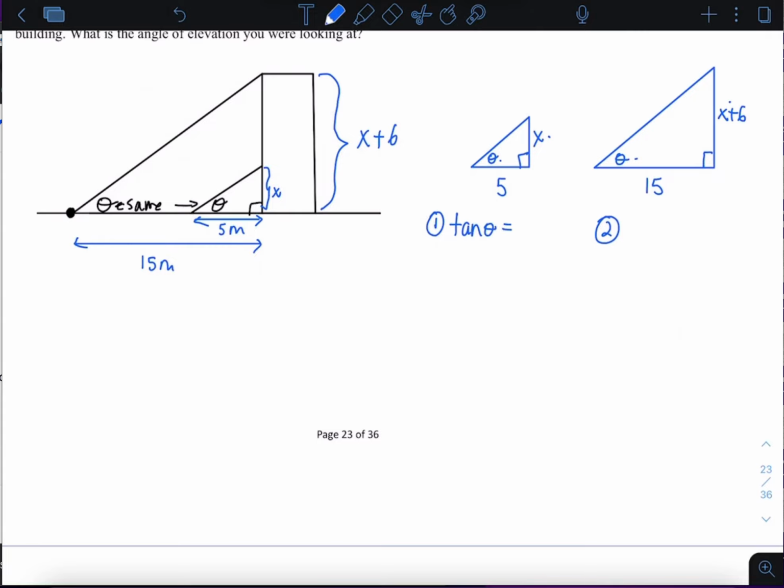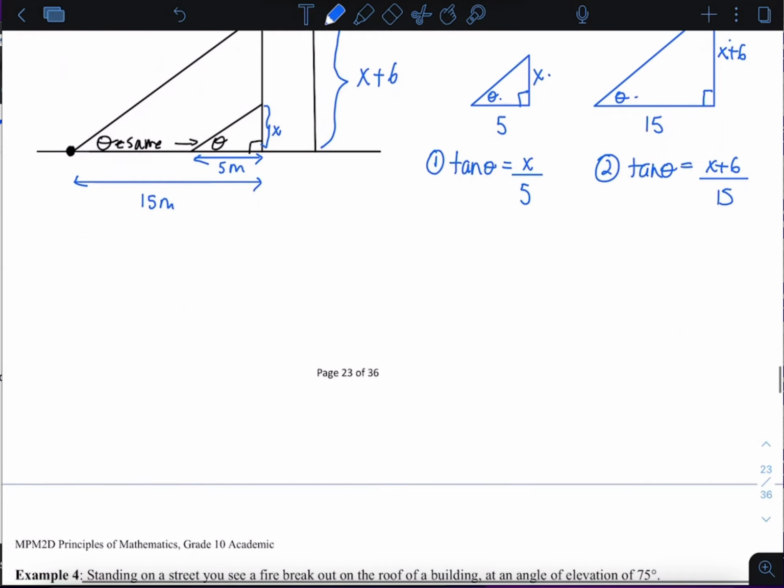So I have tan theta is opposite over adjacent, and in this one I have tan theta is also opposite over adjacent, right? And tan theta is the same. So I can say I have a system where tan theta is x over 5 in my first equation.